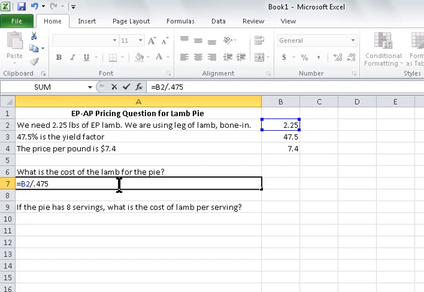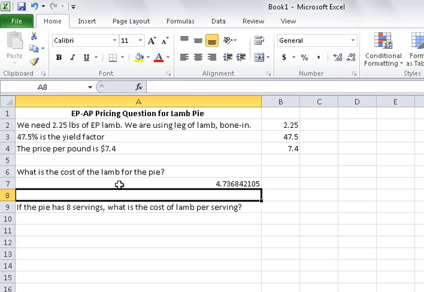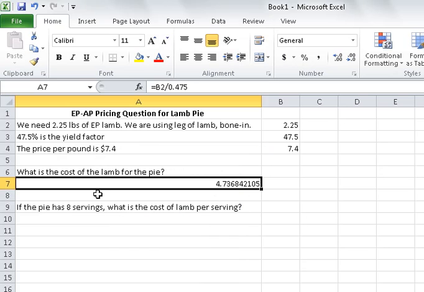Is that correct? Yes. So what do we get? 4.74. In other words, we need 4.74 pounds of lamb AP in order to get 2.25 pounds EP. Correct? Mm-hmm.